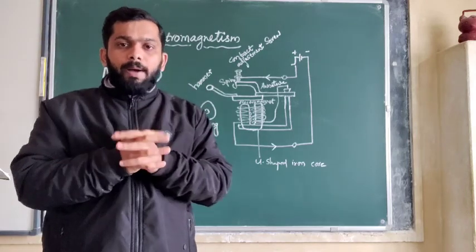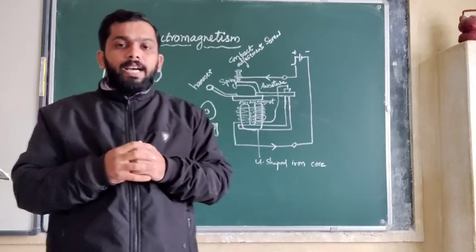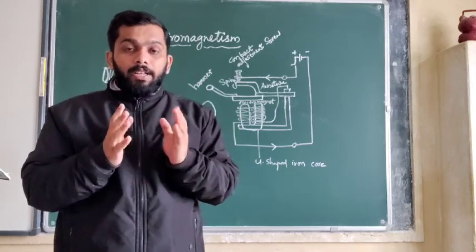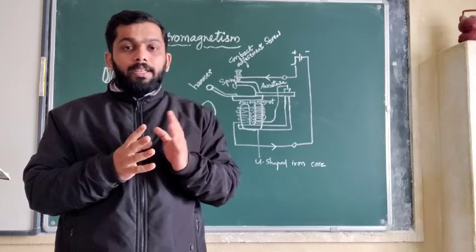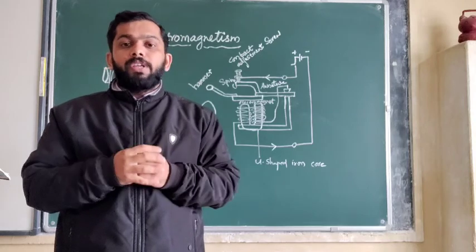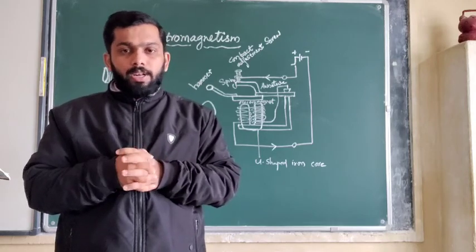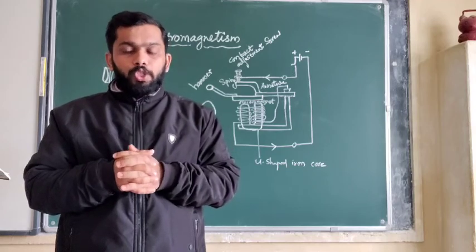Before discussing electromagnetism, yesterday I said that there are 2 types of magnets, artificial magnets and natural magnets, where natural magnets are formed naturally in the form of rock pieces or stones.